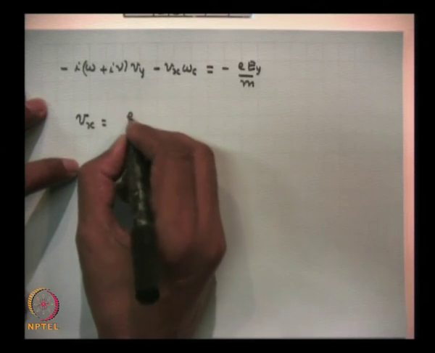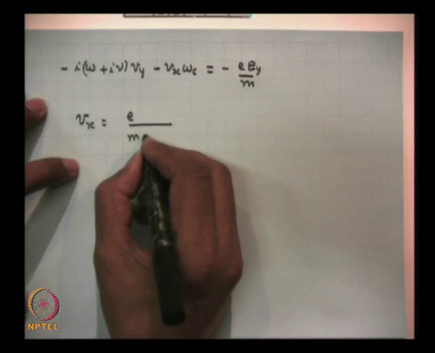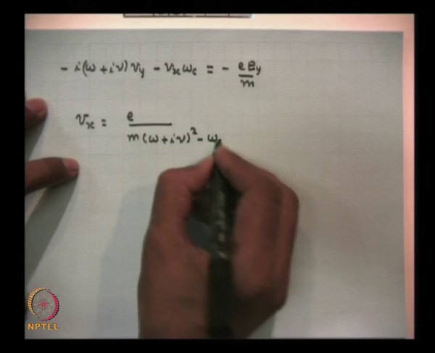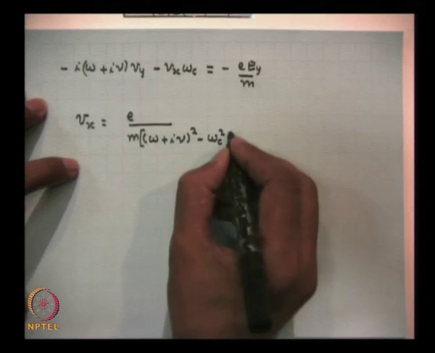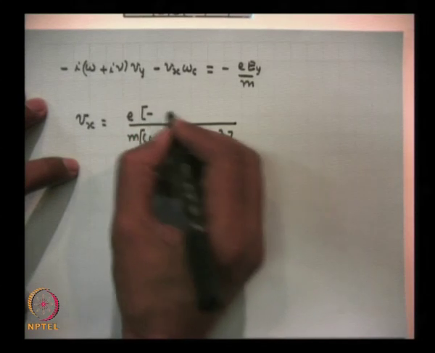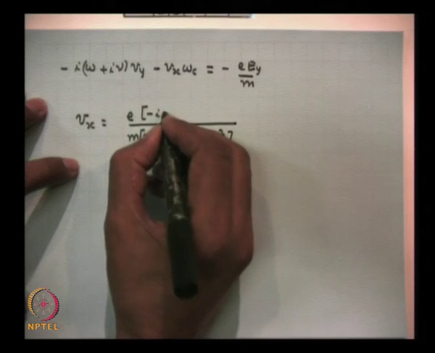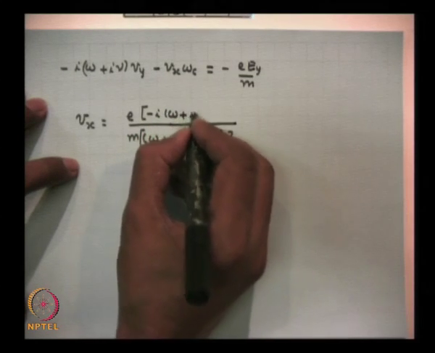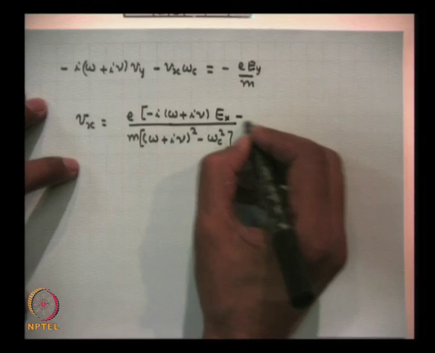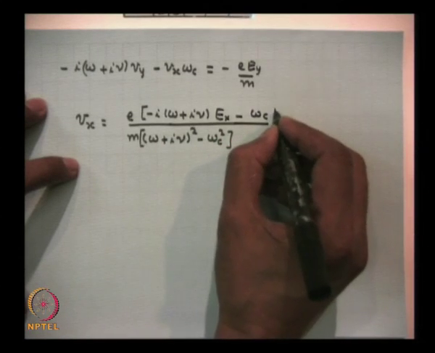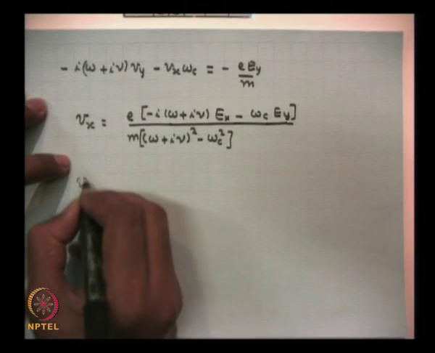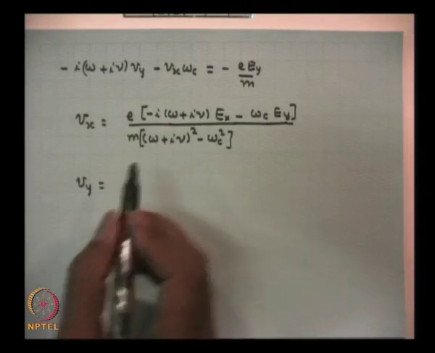Vx is equal to E upon m, over (omega plus I nu) whole square minus omega c square, multiplied by minus I (omega plus I nu) into Ex minus omega c Ey.